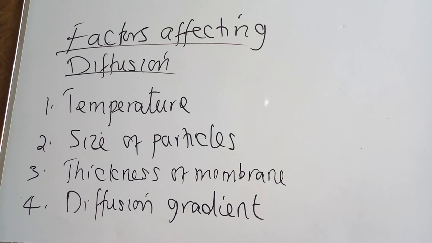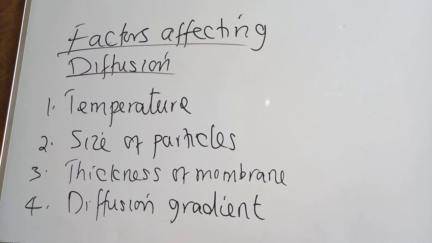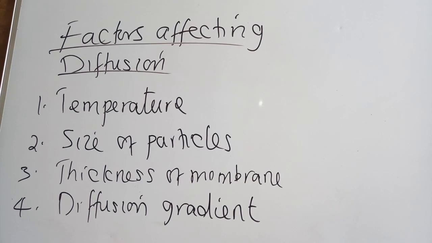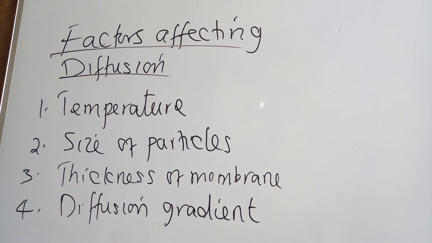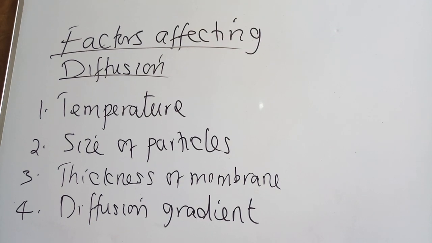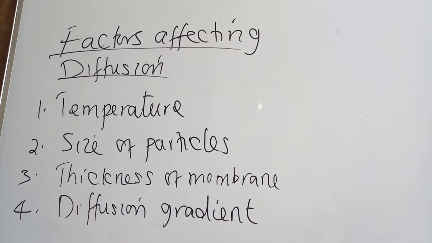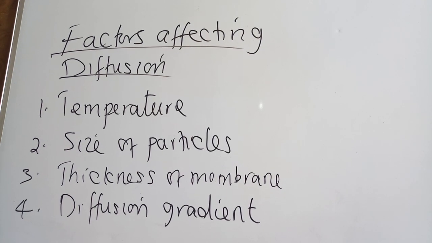If the diffusion gradient is big, then particles will move very fast from the region of high concentration to the region of low concentration. But if the diffusion gradient is small, then the rate of diffusion will be slow because the concentration of two different substances or parts are almost the same.